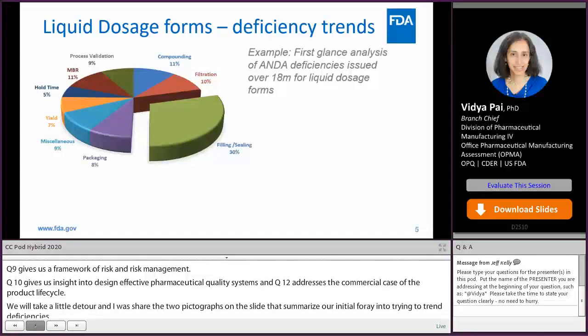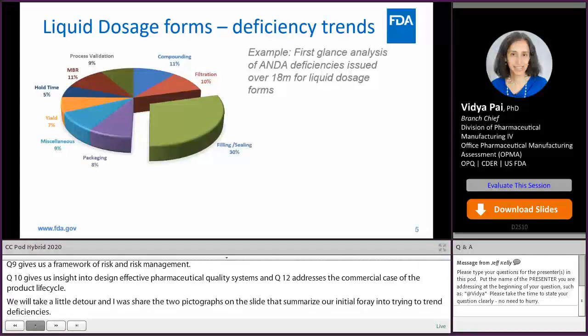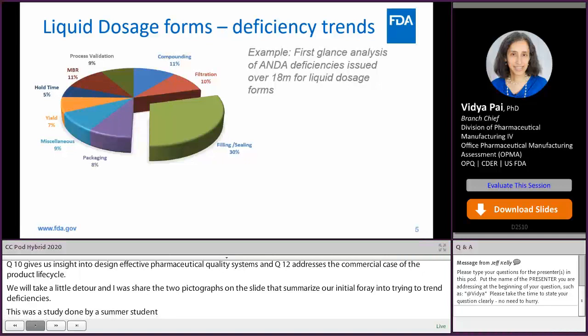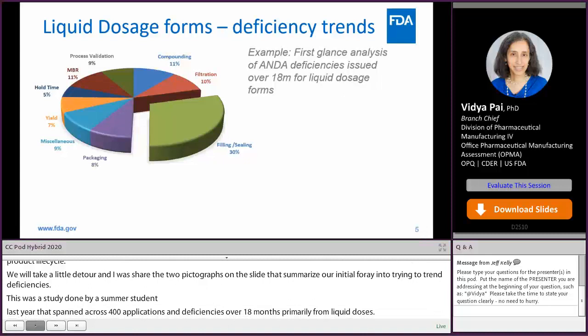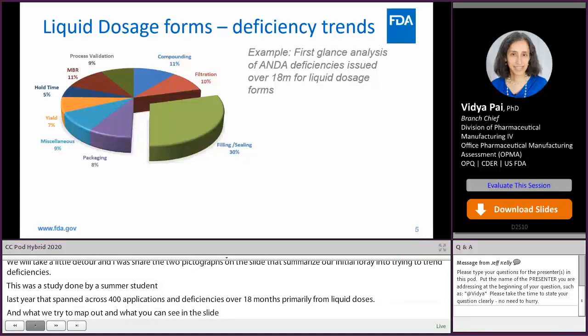It spanned across 400 applications and deficiencies sent over a period of 18 months, primarily for liquid dosage forms. What we tried to map out, as you can see in this slide, is to understand grouping of deficiencies by categories, both application related as well as unit operation related, and see if there was a preponderance of deficiencies in a particular area.